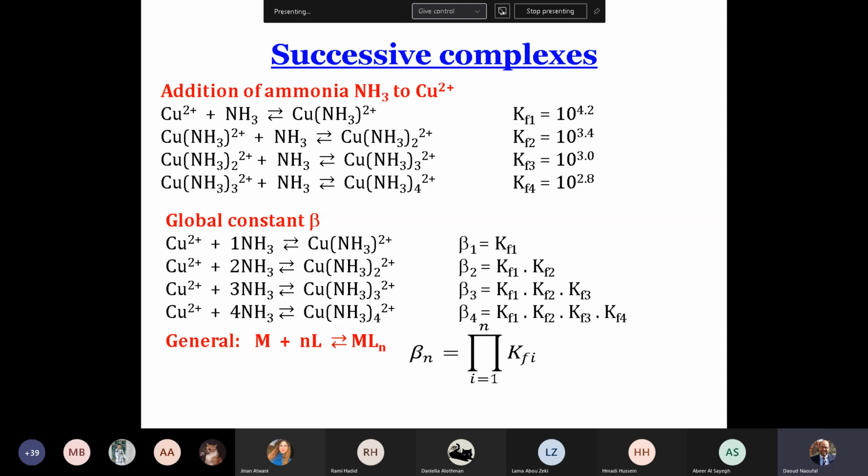Another factor that affects the stability of a complex is the nature of the ligand L. In general, when L is polydentate, it can make a bond with the metallic M through several sides.